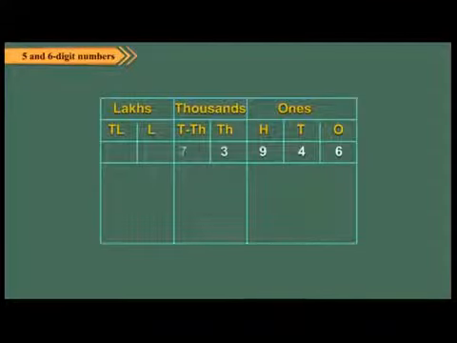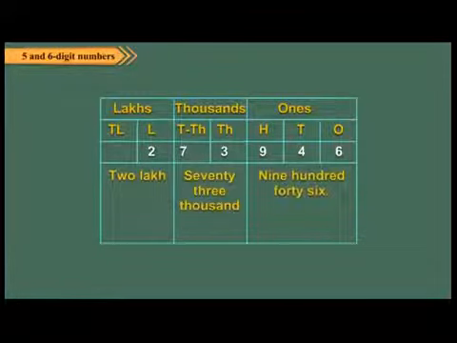Let us arrange the number 2,73,946 in the place value chart. While reading a number, all the digits in the same period are read together and the name of the period, except the ones, is read along with them. So the number shown in the place value chart is read as two lakh seventy-three thousand nine hundred forty-six.